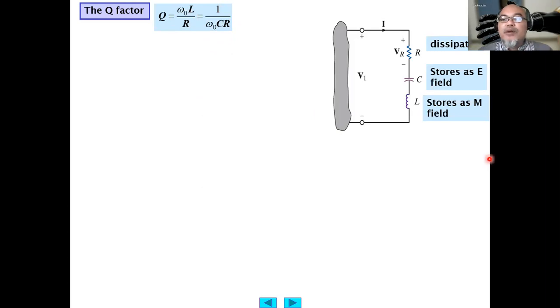And from the theory of RLC, we know that the resistor dissipates energy. Any current flowing through the resistor, its energy will be dissipated as heat. While the capacitance stores energy in the form of electric field, and in the inductance, the energy is stored in the form of magnetic field, which you will learn in electromagnetics in semester 4, with Pak Fatoni.